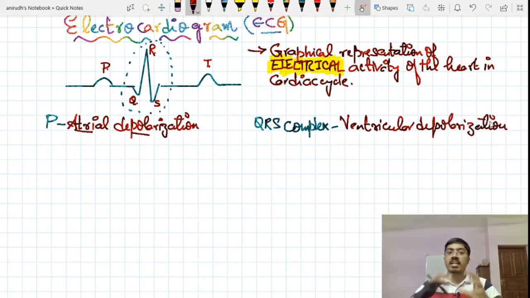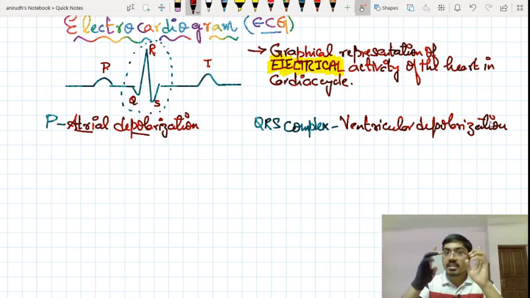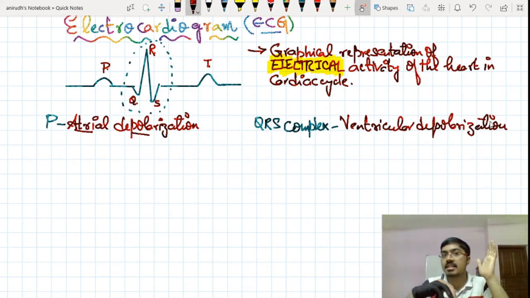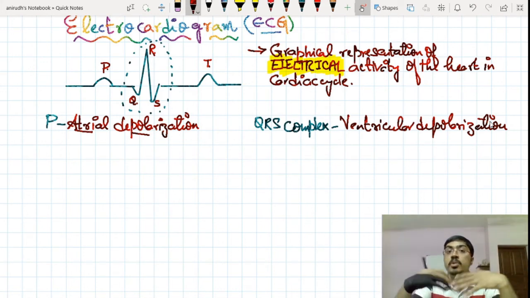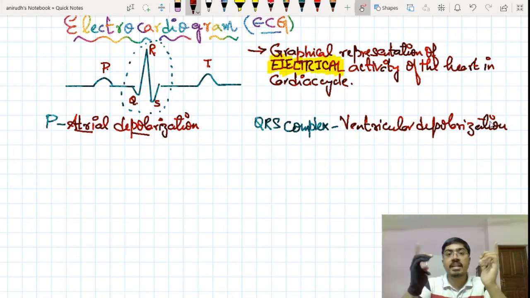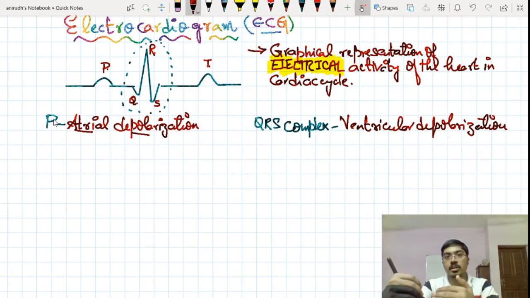Okay, I hope you got an idea of what is actually happening here. Remember the conducting system of the heart. Initially, it is the SA node inside the atria which starts to produce the impulse. As the SA node produces the impulse, it will spread across the atria, so the P wave is formed. And then it reaches the AV node and goes into the bundle of His, right and left bundle, Purkinje fibers.